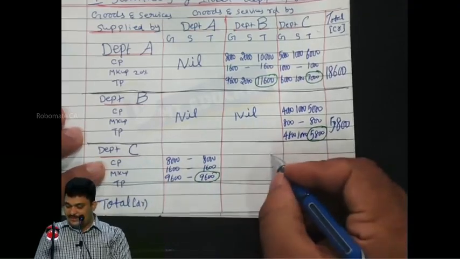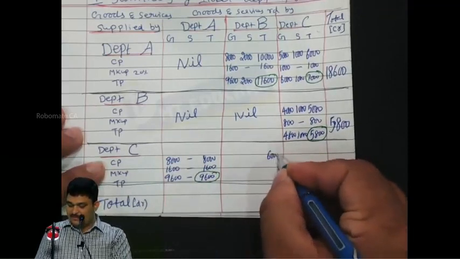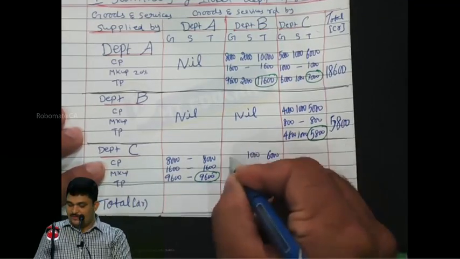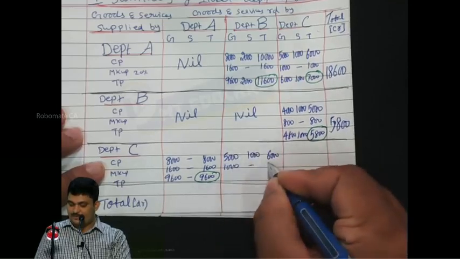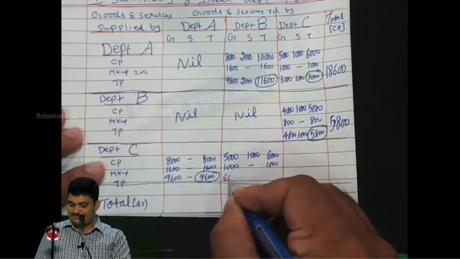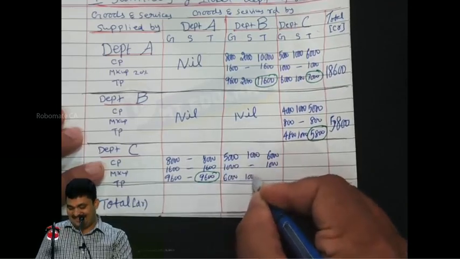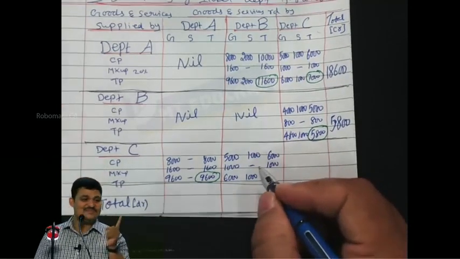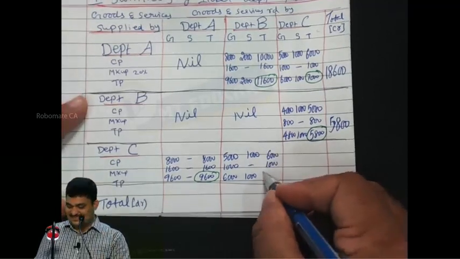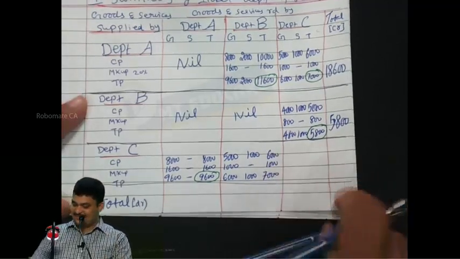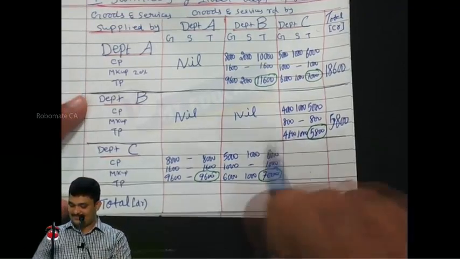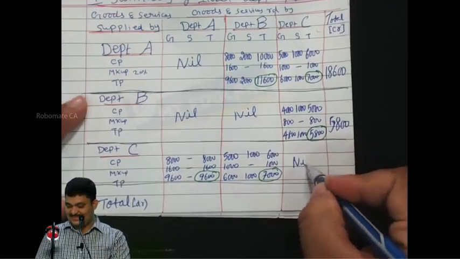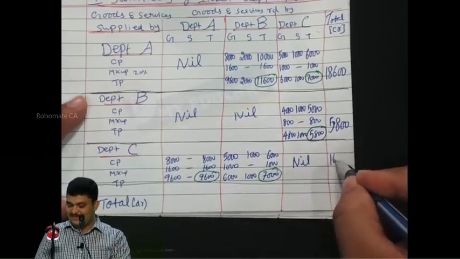C to B, 6,000, less 1,000, 5,000, plus margin, 7,000. Total 16,000.